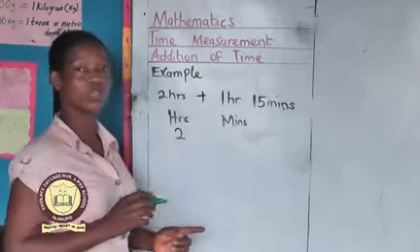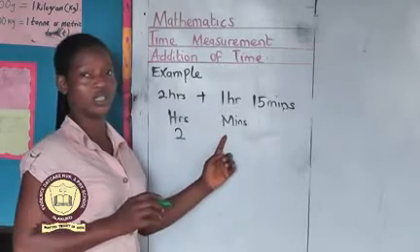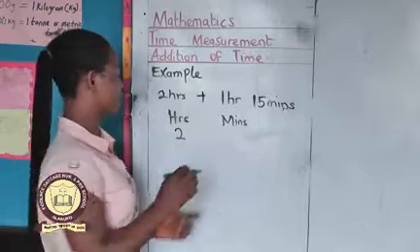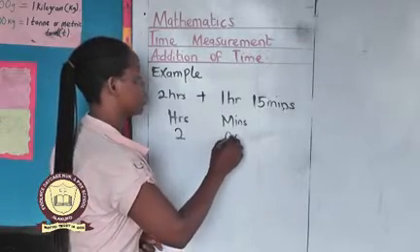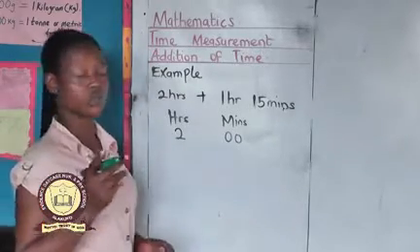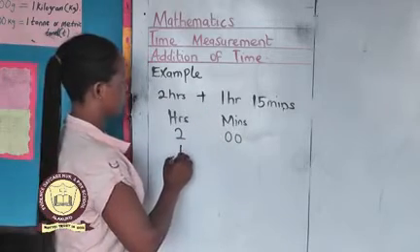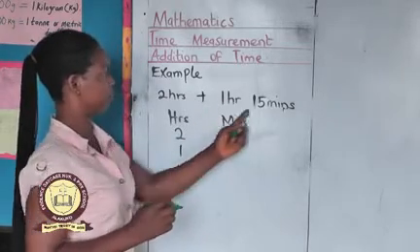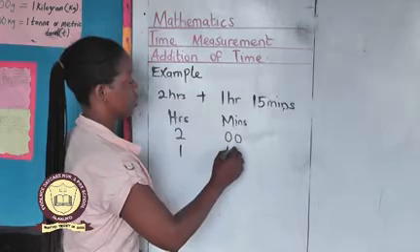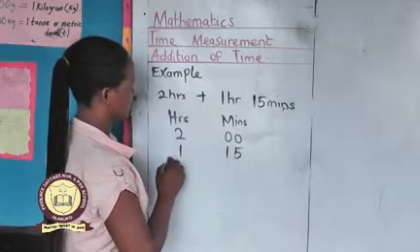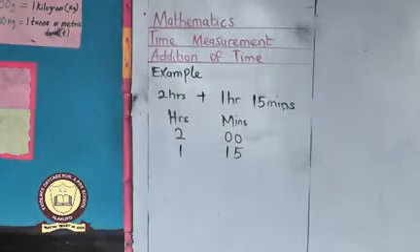So what you will do is to put 0 here so that you can understand better. So you have 0, 0 here, since it's a 2 digit number. Plus 1 hour 15 minutes. Now let's add together.